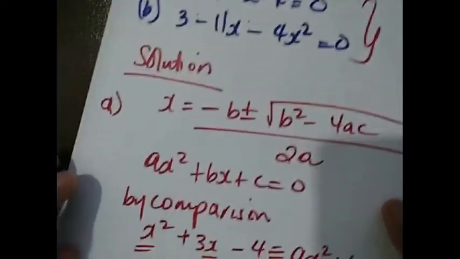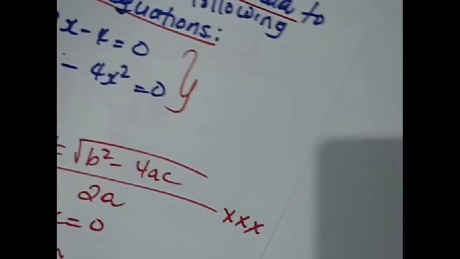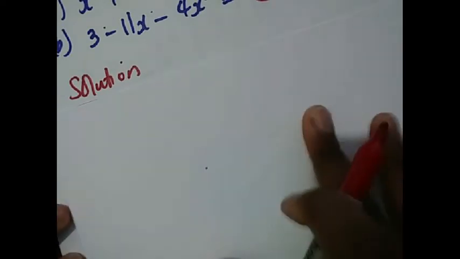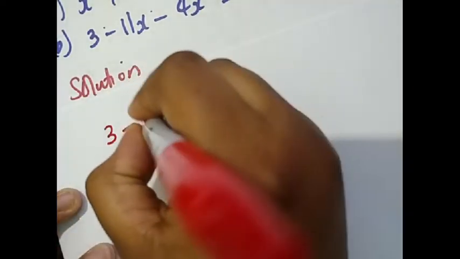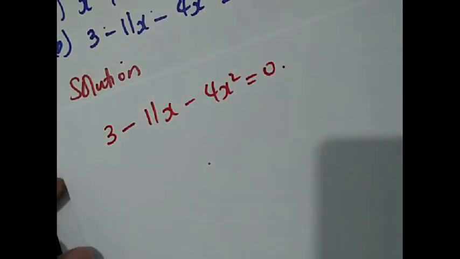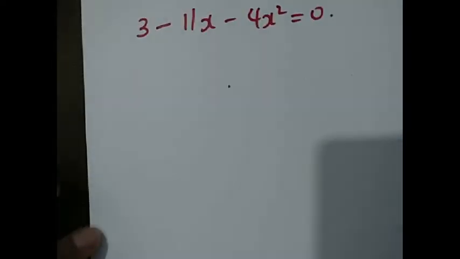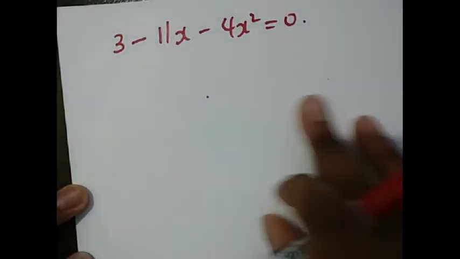Now for question 2, part B. Part B says 3 minus 11x minus 4x squared is equal to 0. Same instruction. We're going to use the quadratic formula to solve each of the following quadratic equations.